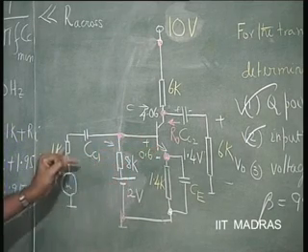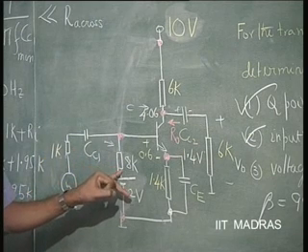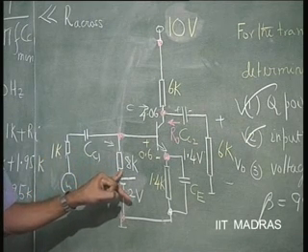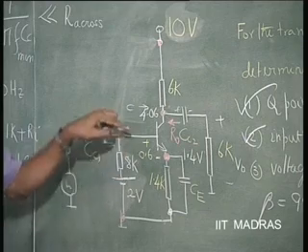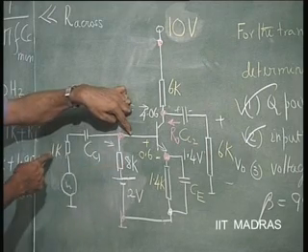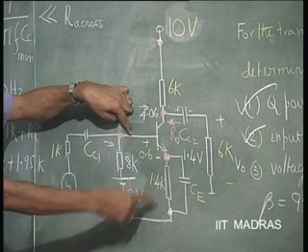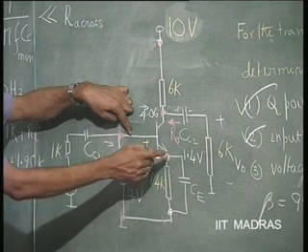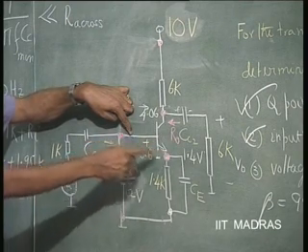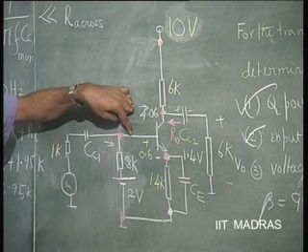Then you come here, 8K parallel 1K divided by beta plus 1. Effective resistance from here to ground is 8K parallel 1K, that divided by beta plus 1, because the relationship between this current and this current, they vary by a factor of beta plus 1.